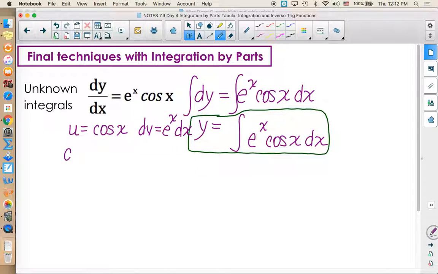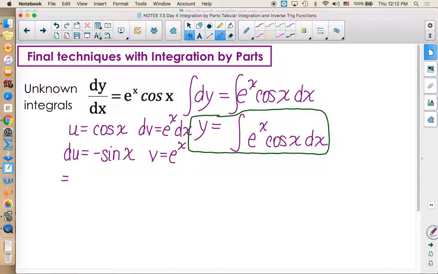Well, cosine as a u means that my du is going to be the opposite of sine. And as I go through and do my v, what I'm realizing is that my v is going to remain e to the x, and that my u and du are going to flip back and forth between sine and cosine all the time. So I'm going to keep getting a need for integration by parts.